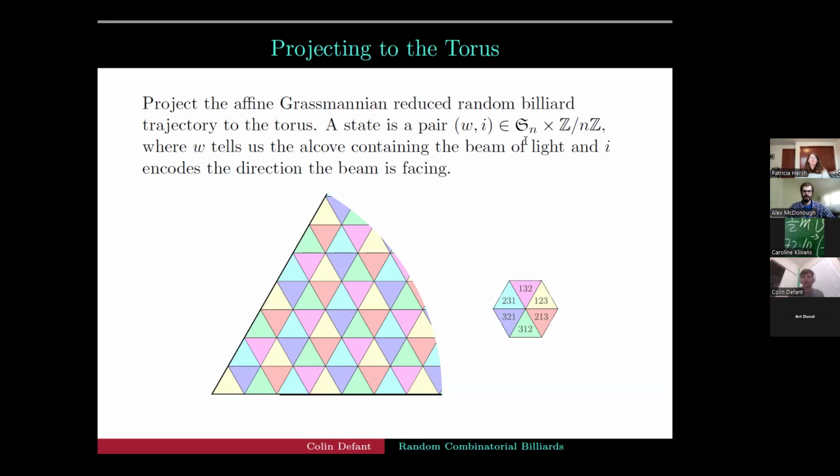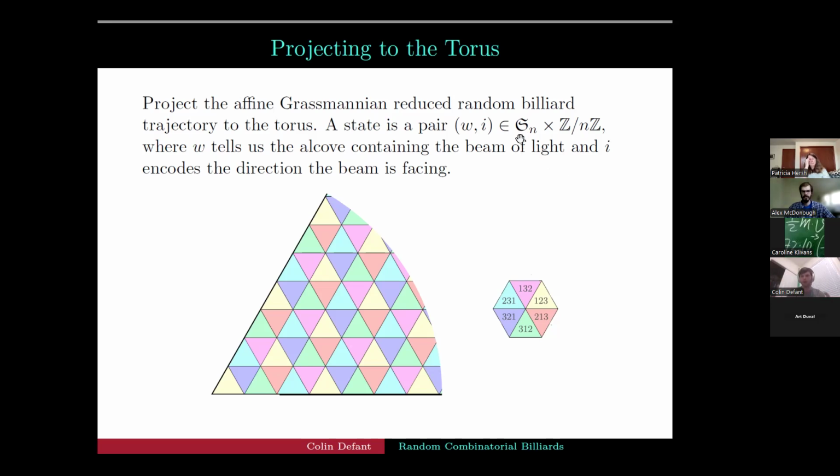So that's encoded by an element of S_n, which is telling me which little toric alcove contains the beam of light at that point in time. But I also have to keep track of the direction that the beam of light is facing. And it turns out that there are only n possible directions that the beam of light can face at any time. So the direction can be encoded by an element of Z mod nZ. So overall, a state in this finite state Markov chain is encoding where in the torus is the beam of light and which direction is it facing.